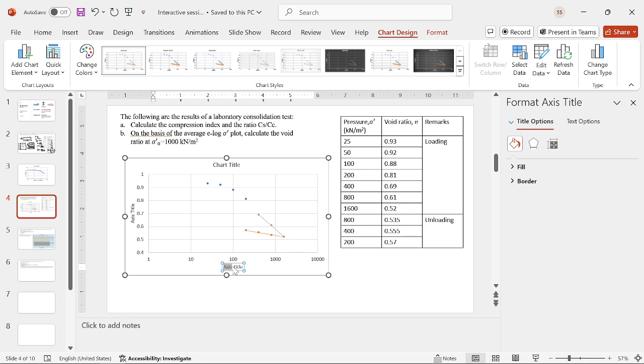So this was log of effective stress. This was void ratio.